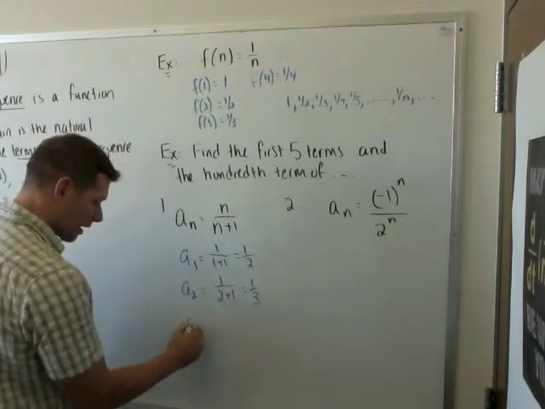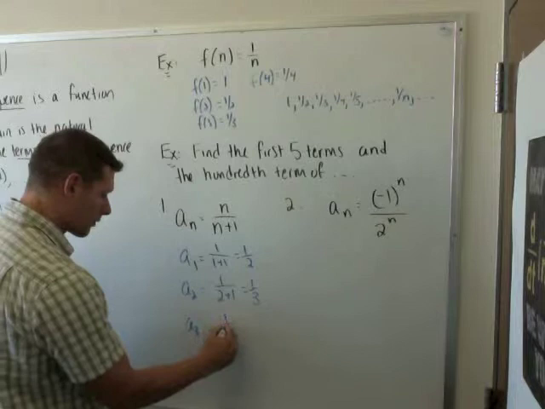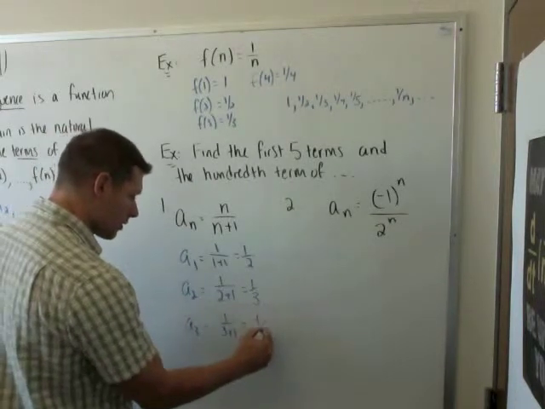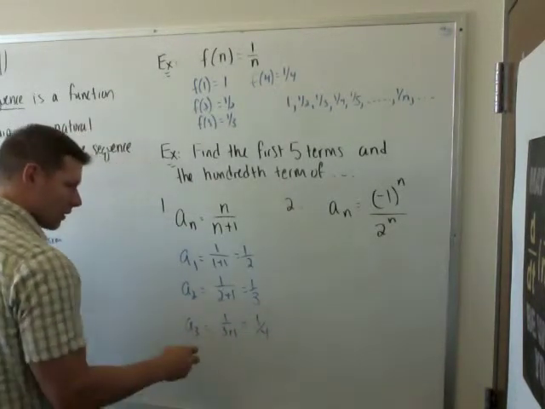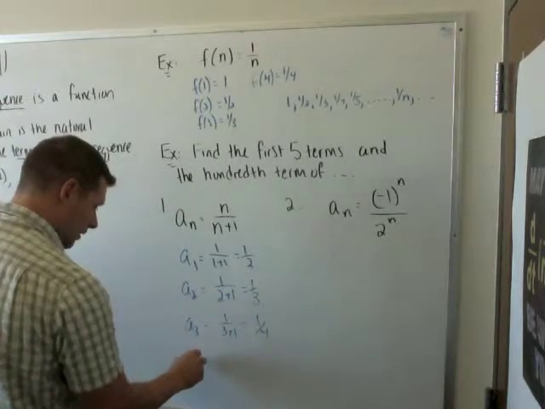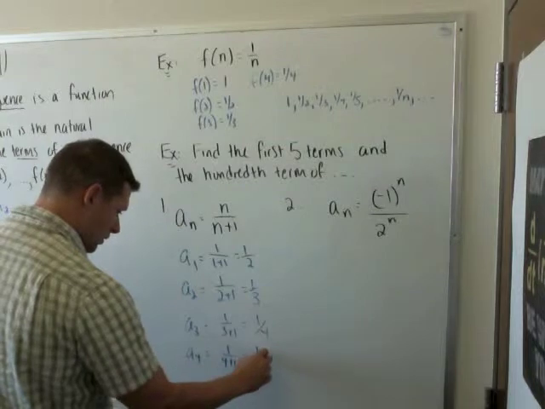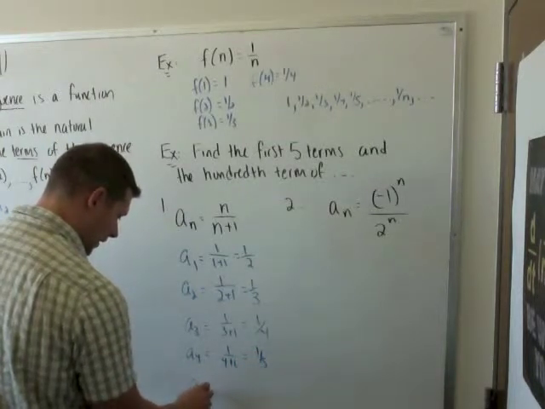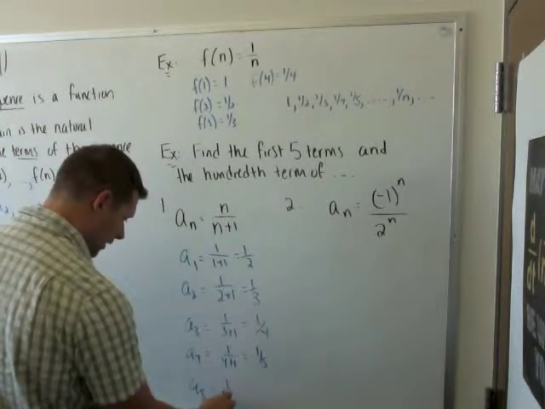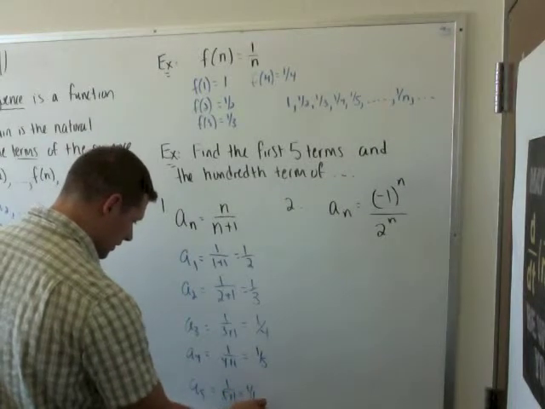That's 1/3. a3, 1 over 3 plus 1, 1/4. a4, 1 over 4 plus 1, which is 1/5, and a5, 1 over 5 plus 1, which is 1/6.